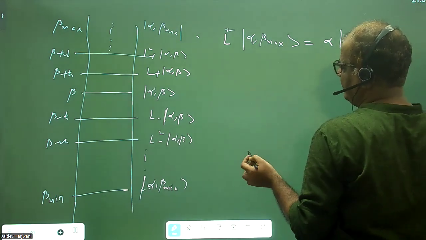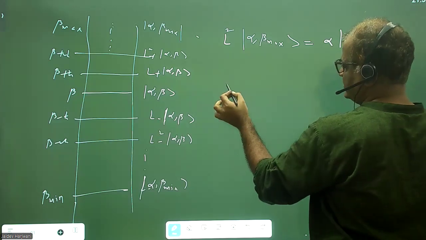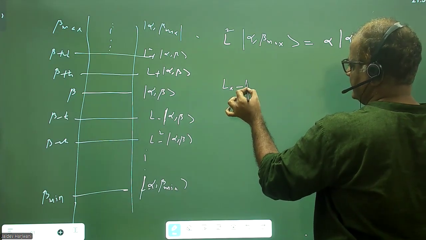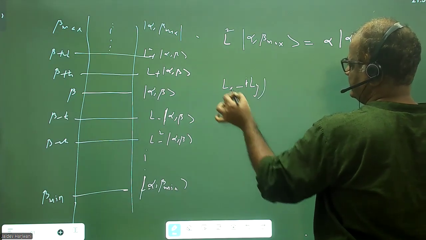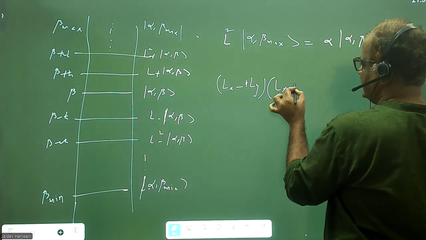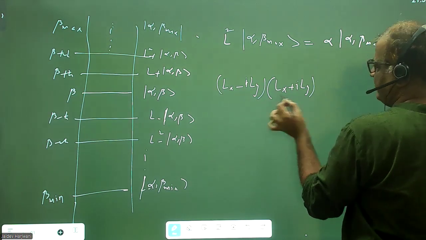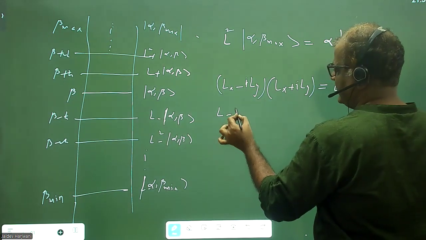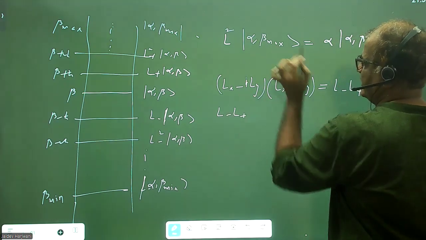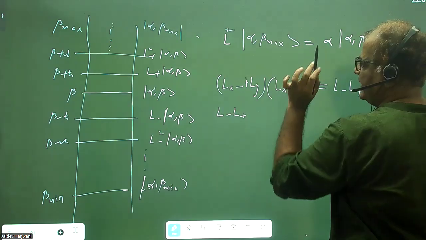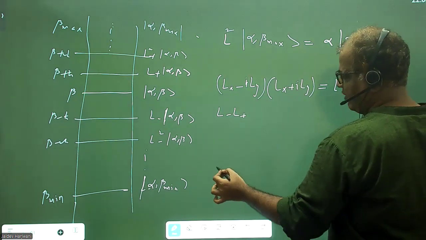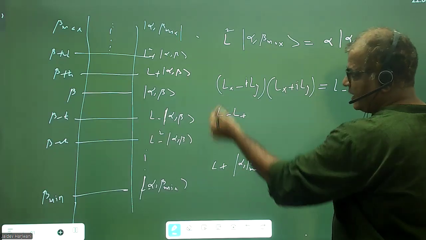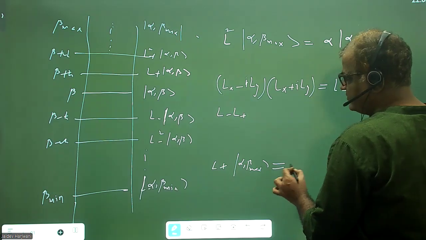If I use the ladder operators, I can write Lx minus iota Ly and Lx plus iota Ly. Basically I want to find L minus L plus. When you reach the maximum state and operate L plus on alpha beta max, it cannot enhance the eigenvalue any further, so this will become zero.